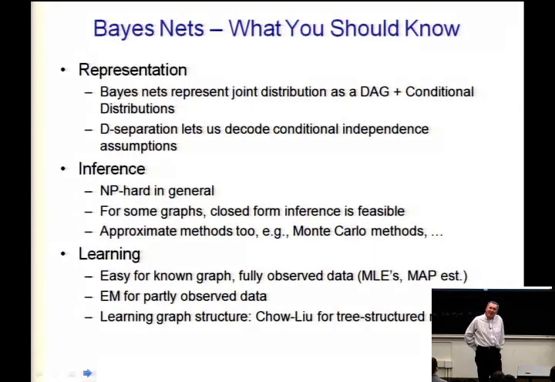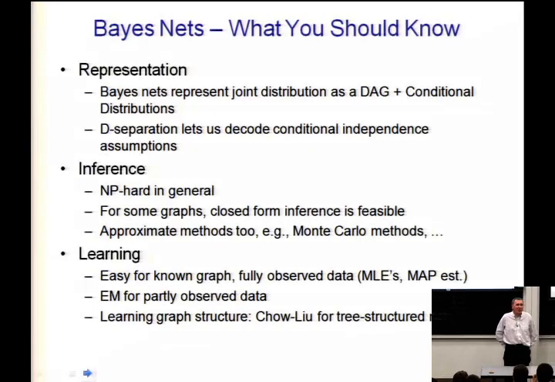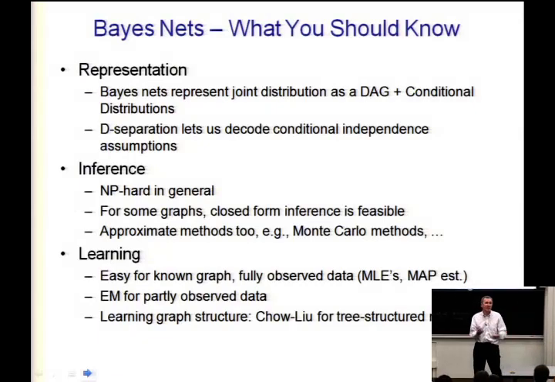And then if the data is not fully observable, you know you can use EM. If the graph structure is not known in advance, then you should understand the Chow-Liu algorithm at least as something we can do if we're willing to restrict the graphs to just trees.